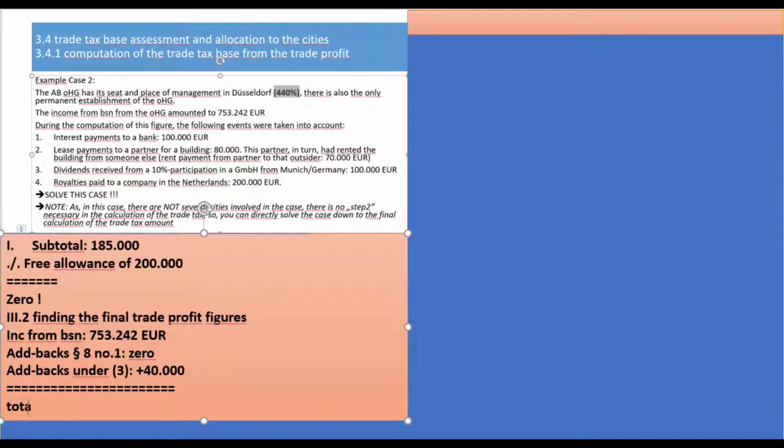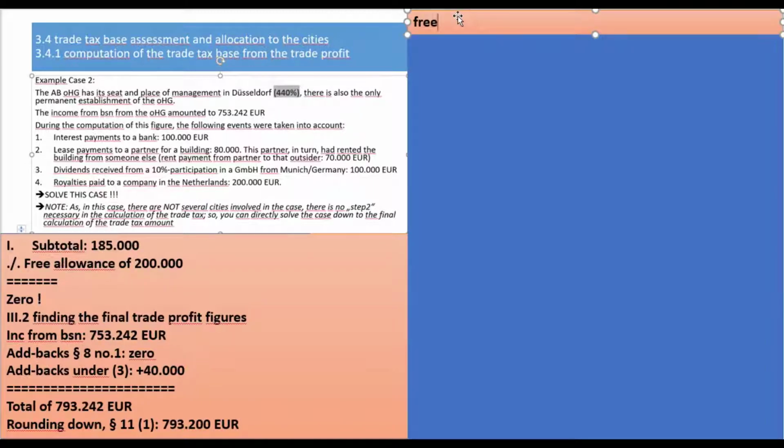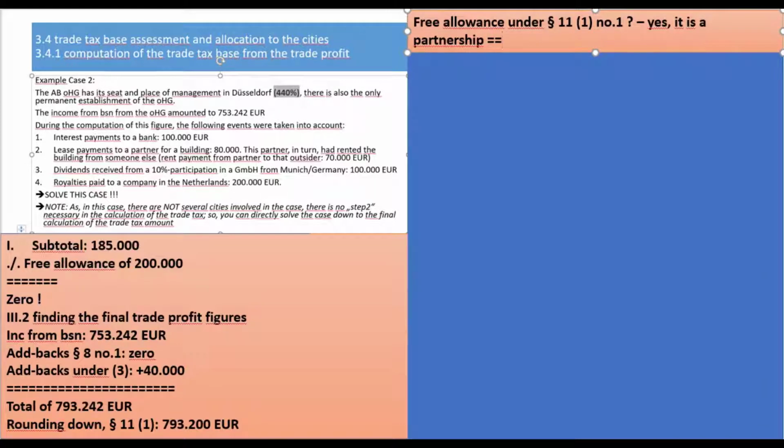So we have a total of 79,242 euro. Next step is rounding down, paragraph 11.1, to even 100 euro values, so 79,200 euro. Then do we get a free allowance under paragraph 11.1 number 1? And the answer is yes, it is a partnership. So we have minus 24,500.